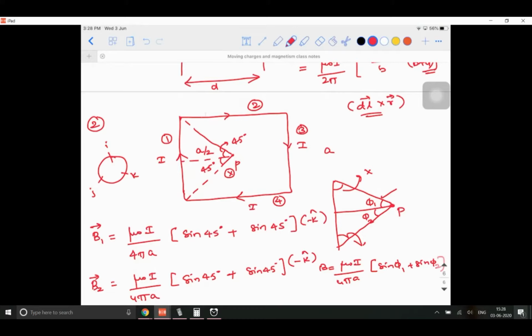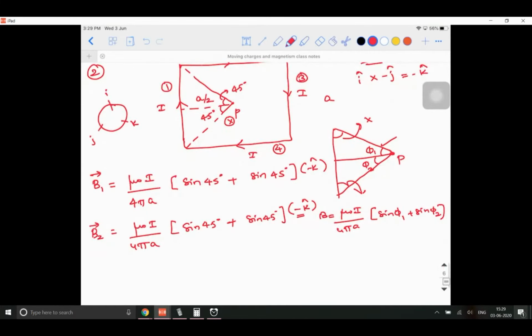Current is in which direction? I cap. Cross r vector, where r is the vector from the current carrying conductor to the point P. So direction of r? Minus j cap. Very good. So I cross j is how much? I cross j is k, so with a minus sign it is minus k cap. That is why it is minus k cap.